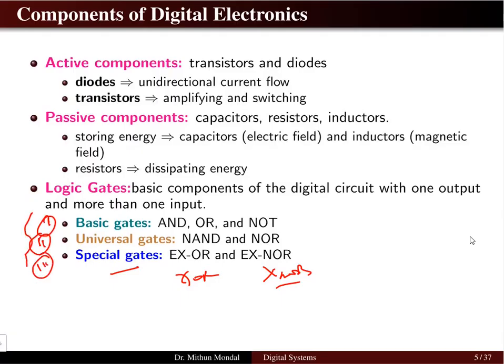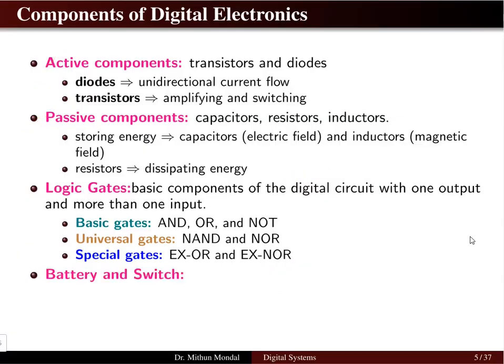These gates are the fundamental component of any digital circuit, and apart from that we have the active and passive components, which are present for signal amplification, switching or energy storage in the electric field and the magnetic field. We also have the battery and the switch along with the other components.